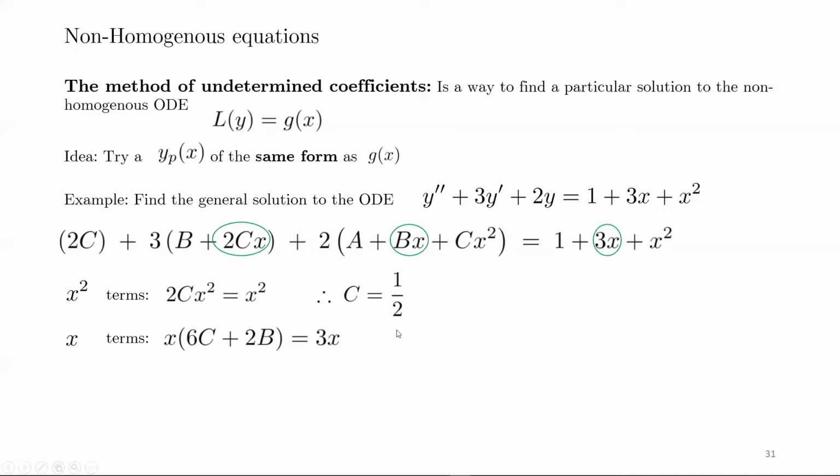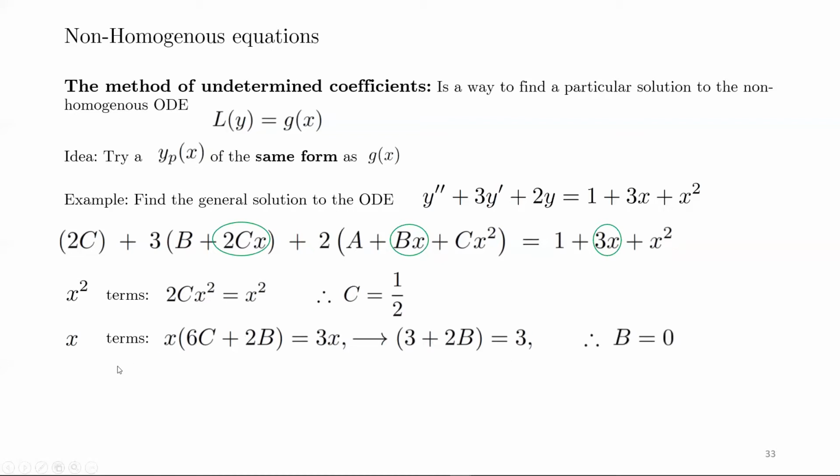But I already know the value of c. c is just a half, so really here I've got 3 plus 2b equals 3, just matching the x terms. So obviously from this equation it's pretty clear that b must be equal to 0, because I have 3 here already, and I have to add 0 to make sure that stays equal to 3.